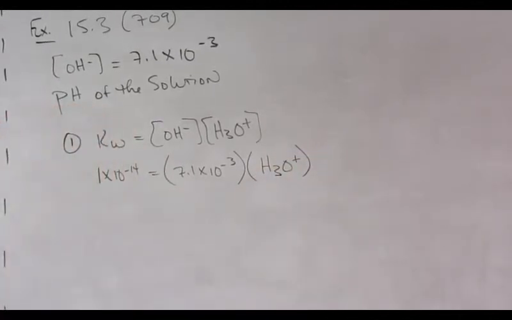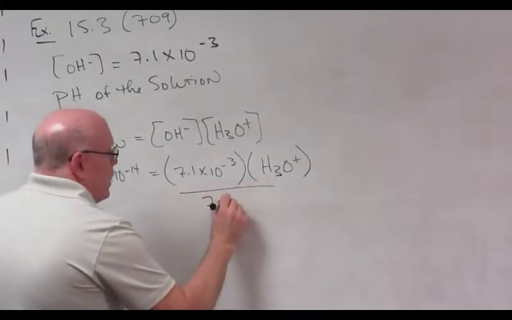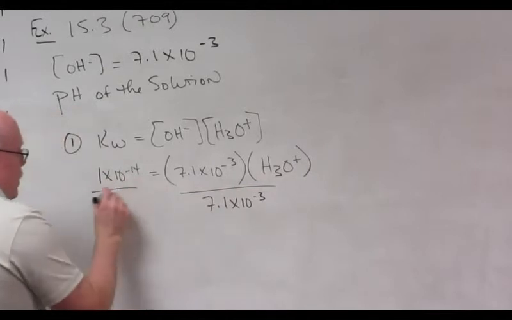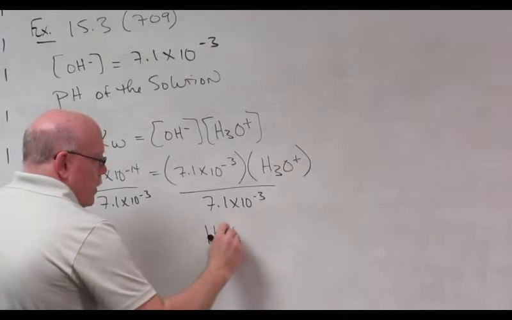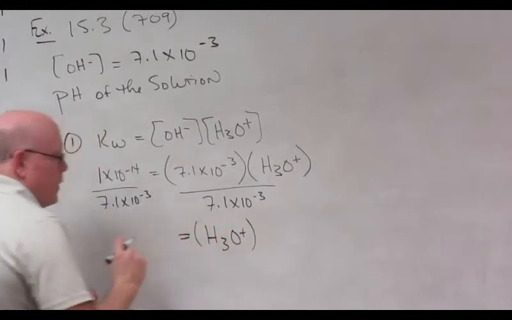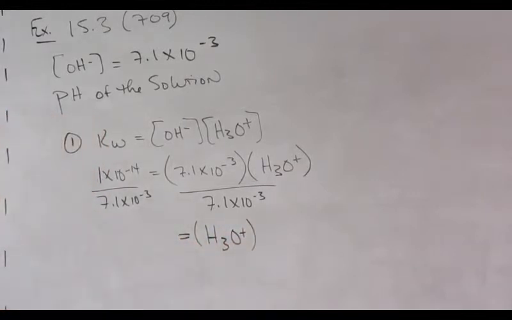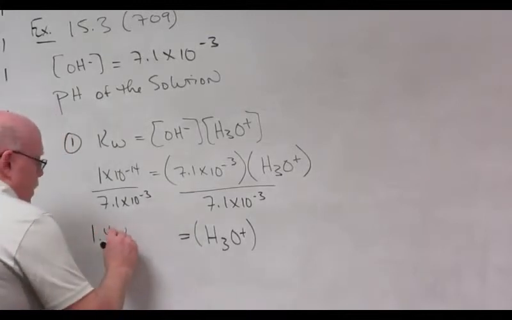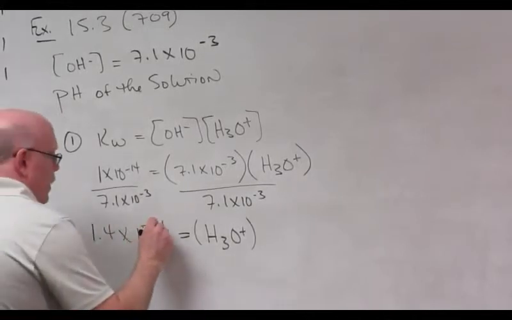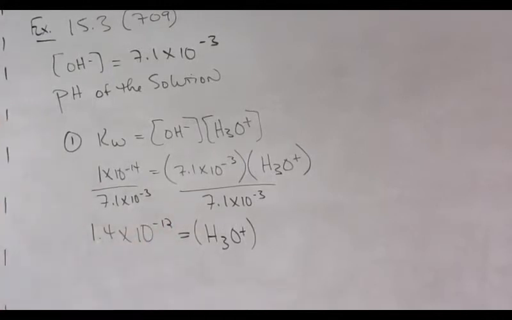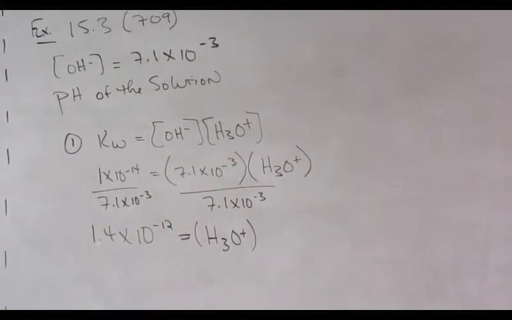Pretty quick to get that number, just divide by the 7.1. The number works out to be 1.4 times 10 to the minus 12. So that's the concentration of the acid, but they don't want concentration, they want pH.